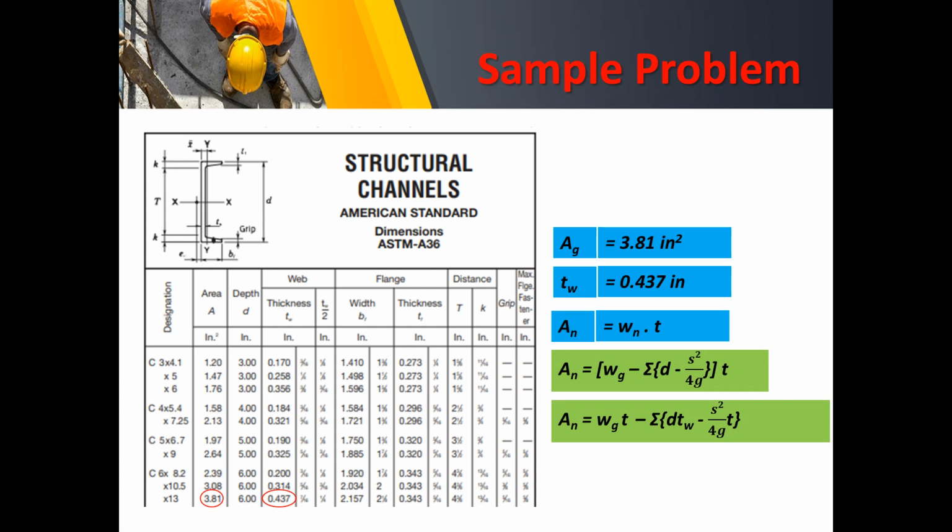Of course, in here we shall distribute your thickness in the equation, and then take note that this product is your gross area. Now we can now express the net area in terms of the gross area minus the summation of d prime times the thickness.